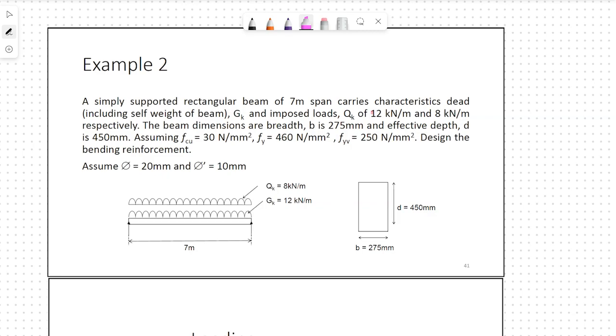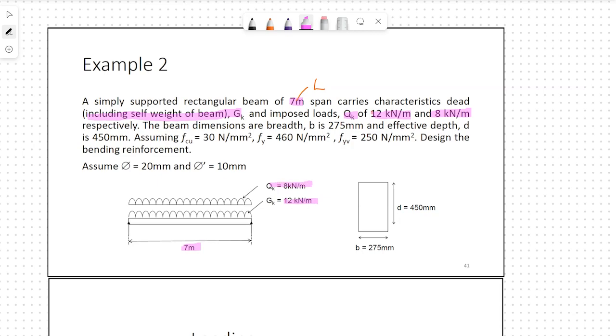A simply supported rectangular beam of 7 meter span carries a characteristic dead load GK that includes the self weight of the beam, meaning you don't have to calculate that load because it is already included in the 12 kN per meter, and QK, the imposed load, is 8 kN per meter.